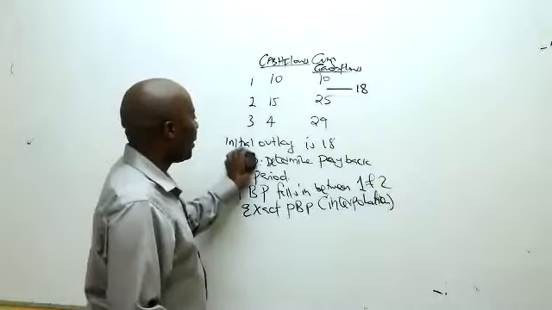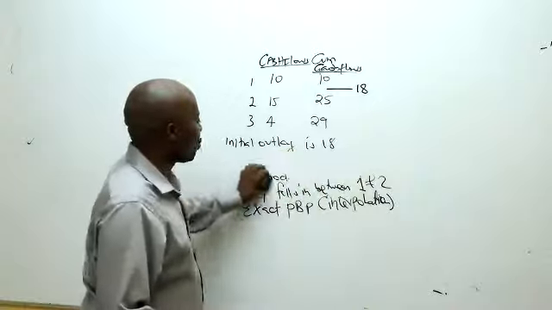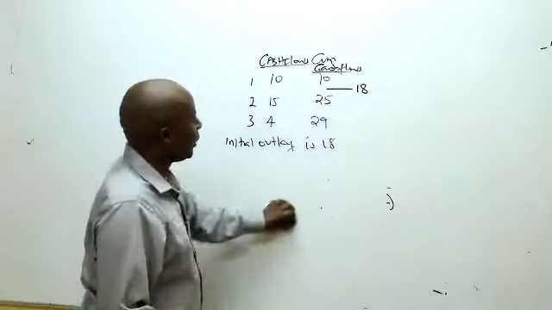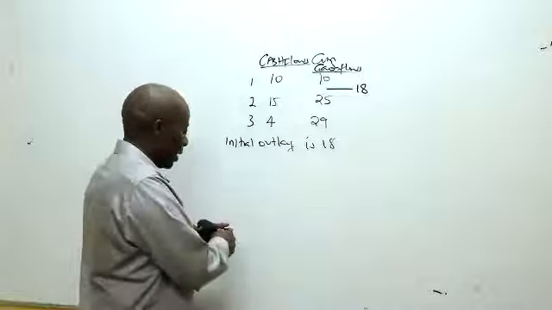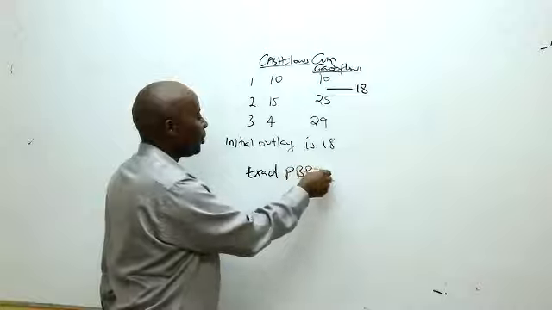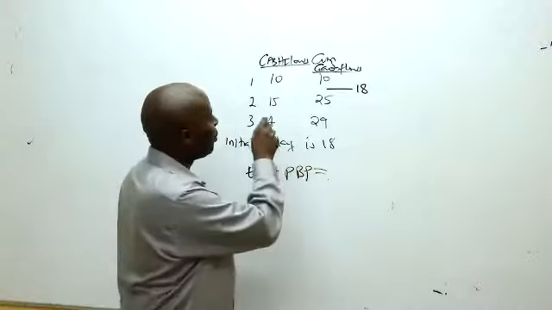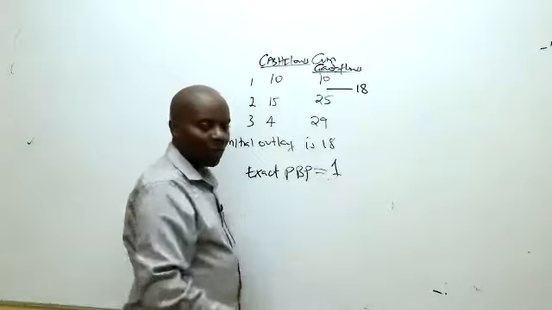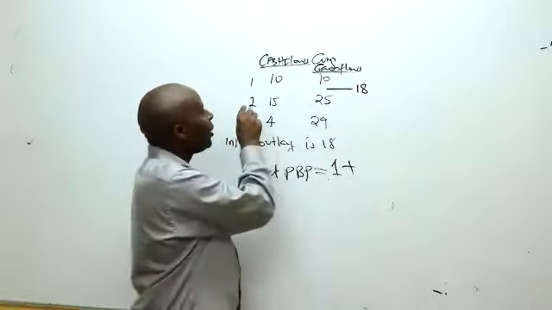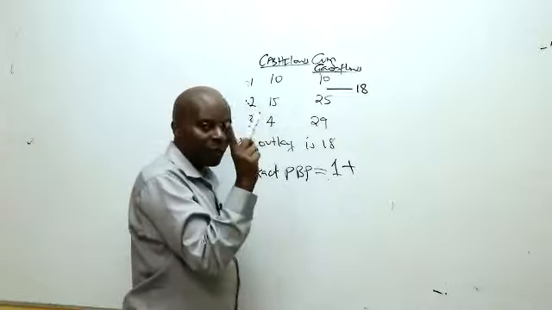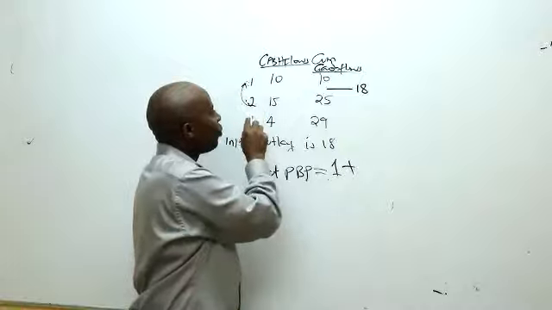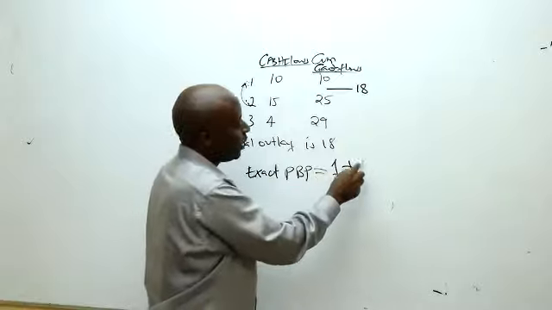So we want to come and interpolate, ladies and gentlemen. To interpolate is quite a simple thing. My exact payback period equals, we've said it's in between 1 and 2, so I start with the lower period, which is 1, plus the difference between these two, 2 minus 1, which gives me 1 year.